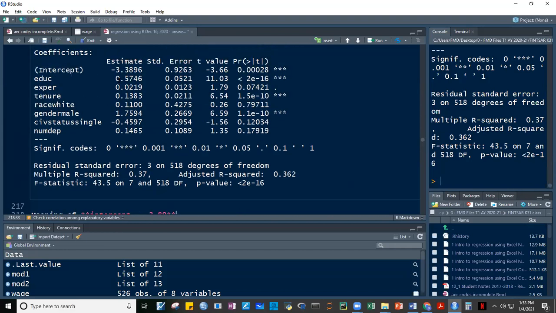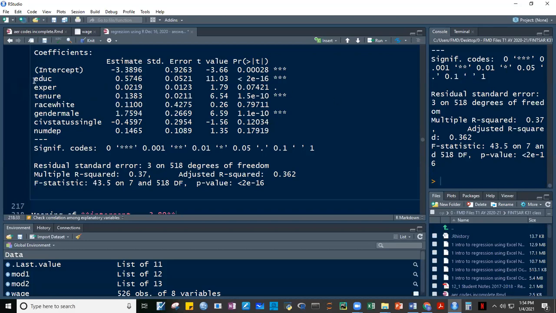Okay, let's go here, guys. Education. What does this mean? It means 0.5746 on the average. On the average, a 1-year increase in education will result in a $0.57 per hour increase in hourly wage, comma, ceteris paribus.